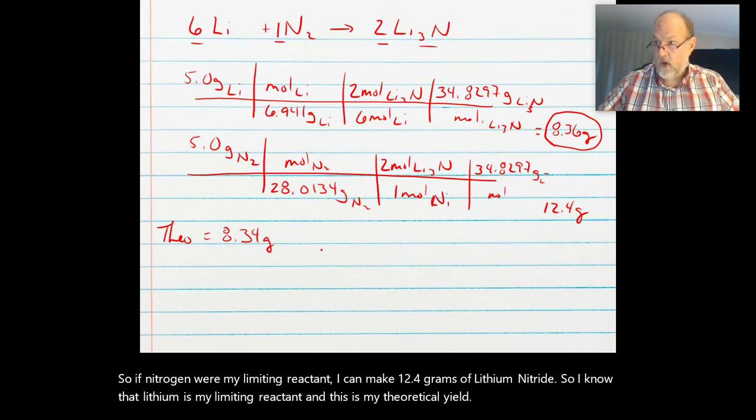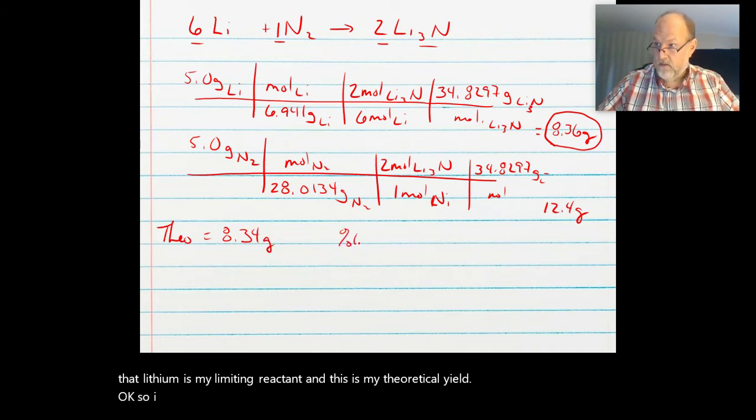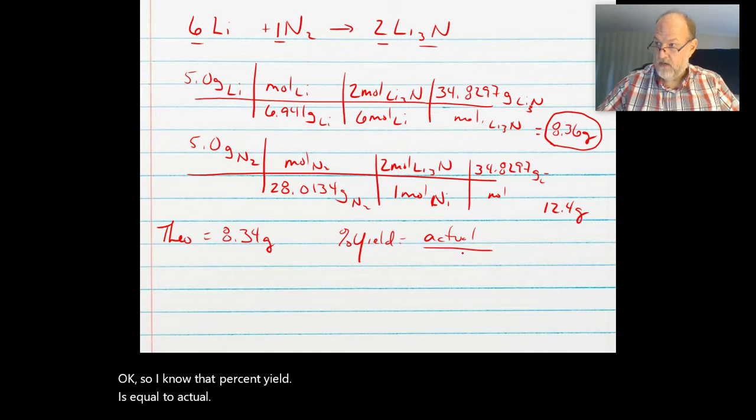Okay, so I know that percent yield is equal to actual or experimental divided by theoretical. That means my percent yield divided by 100 times my theoretical yield is going to be my actual.